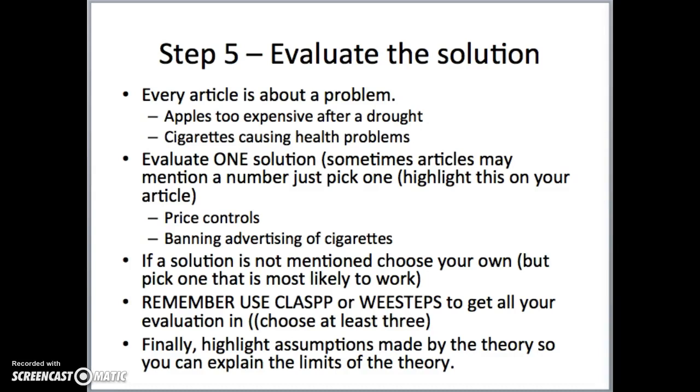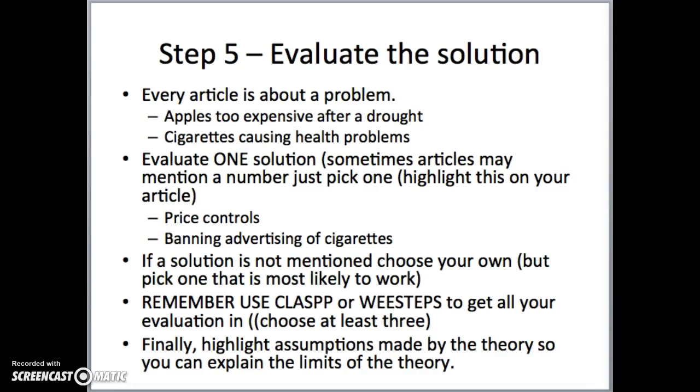You need to remember to use CLASP, which we've talked about in class, or WeSteps, to get all your evaluation marks. So just choose 3 of these. For example, this could include short-term or long-term. This could include stakeholders. This could include assumptions, so assumptions that are made that in reality aren't going to be real.